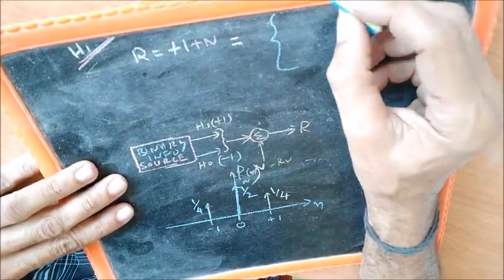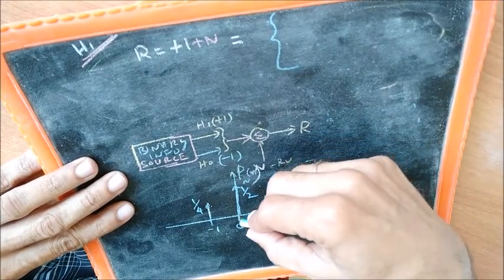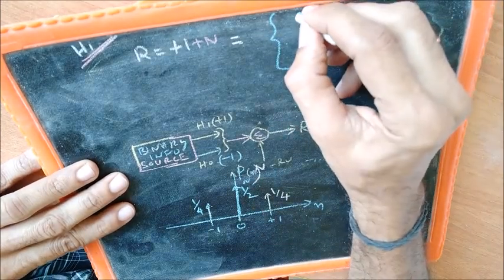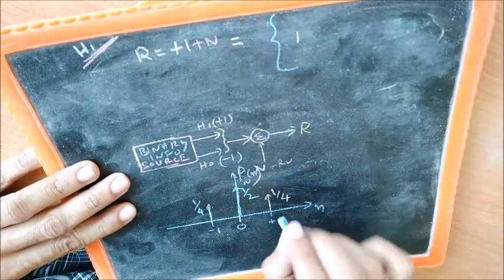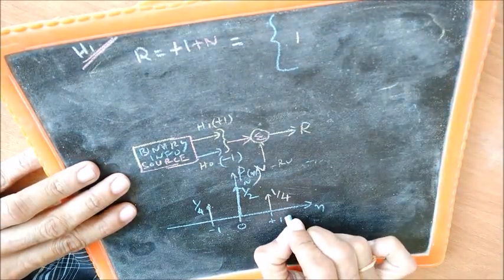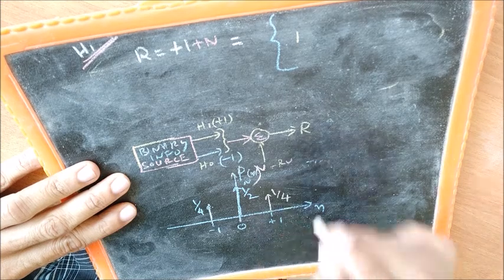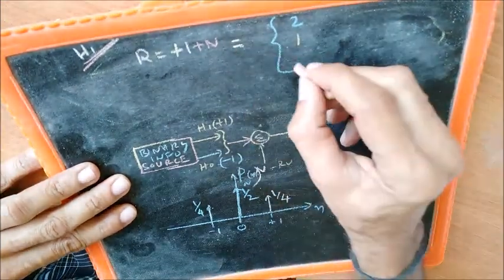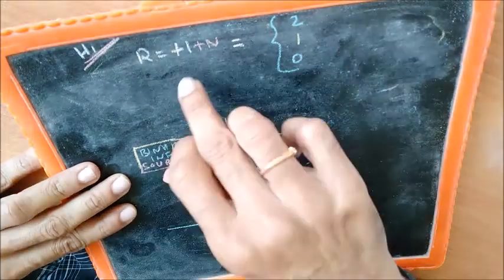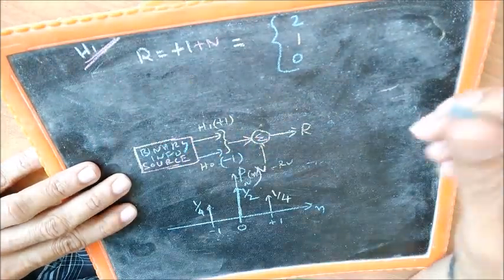Which are those three possible values? N is 0, means this becomes +1, N is 1, means this becomes 2, and N is -1, means this becomes 0.